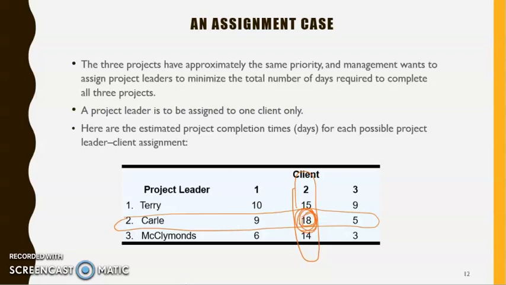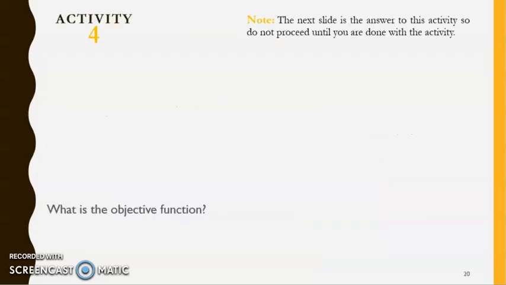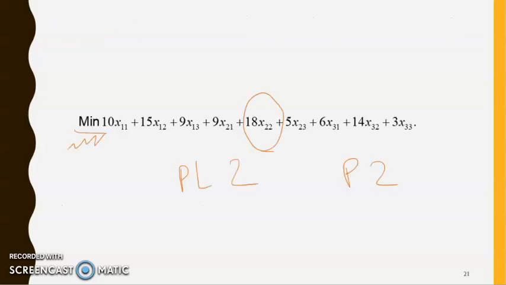It is coming from here. So it is the objective function. Now you have the objective function, which I believe is simpler than the transportation models, because the variables can only take 2 values.